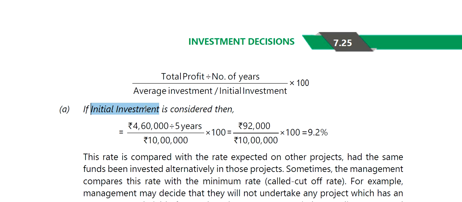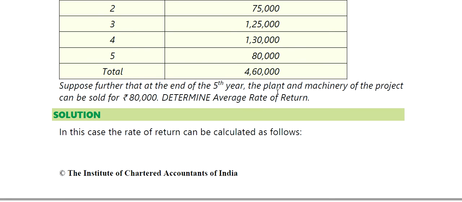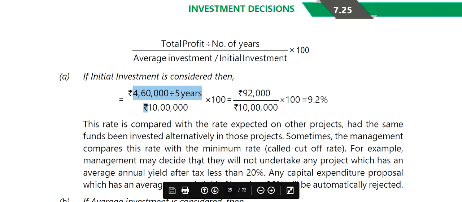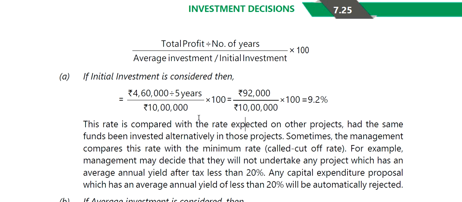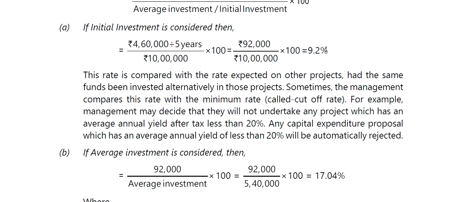If initial investment is considered, this is the formula: total profit gives you the average profit. You will get 9.2%.